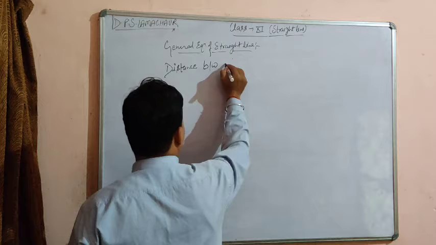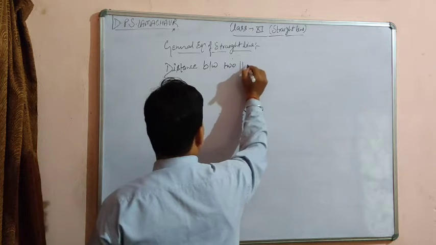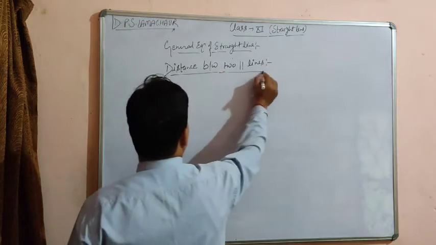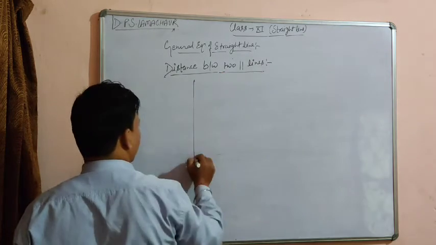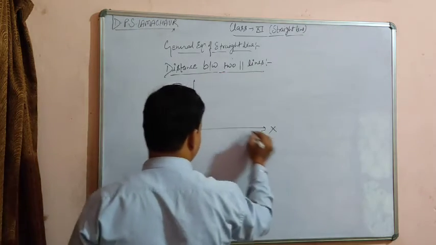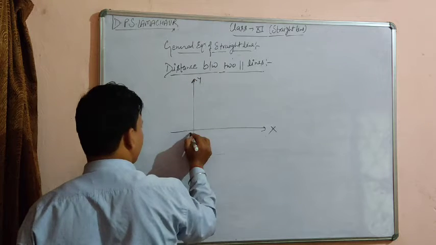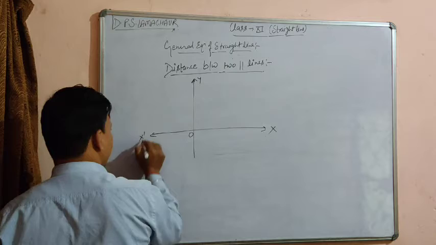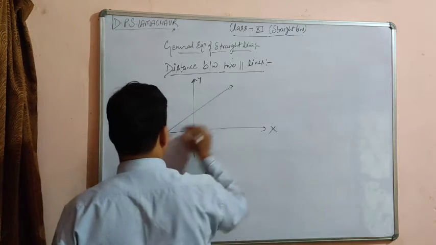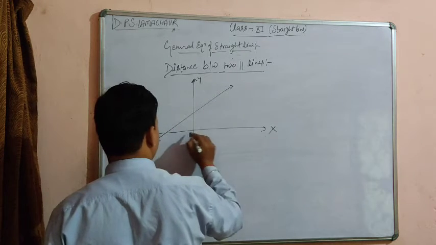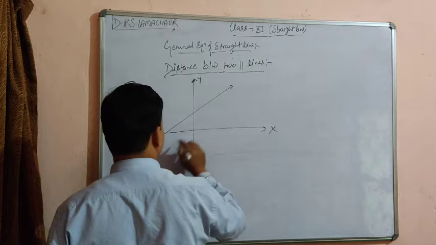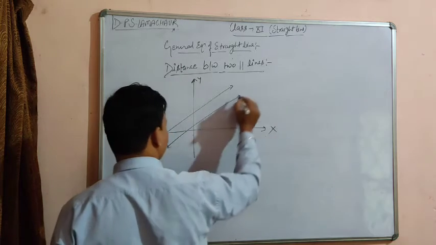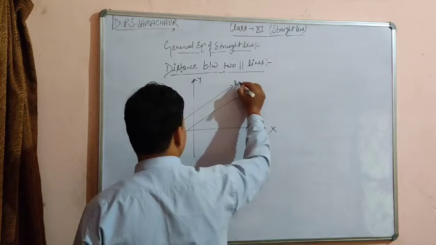Beta, let us suppose this is the x axis, this is the y axis, this is the origin, x dash. This is one line and this is another line. This is L1, suppose this is L2.